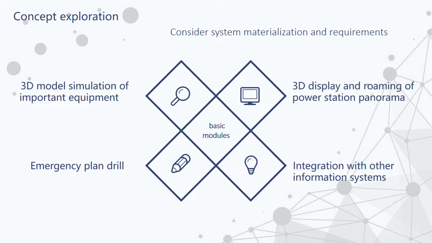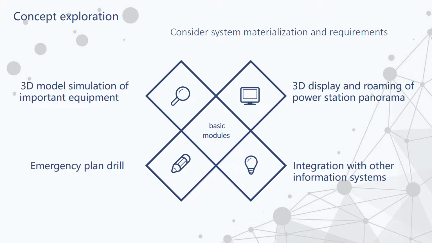Realize the simulation, disassembly, and three-dimensional display of the main production equipment, and view the related information of each component of the equipment, including the design drawings, parts and materials information, and supplier information.